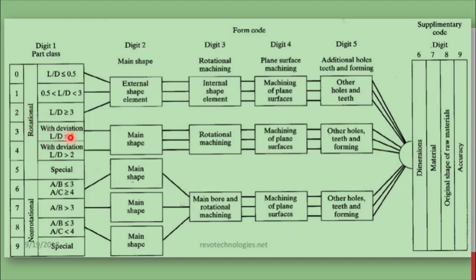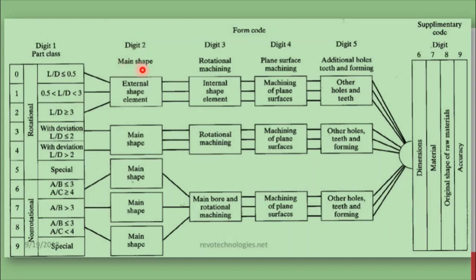But with deviation, if L by D is less than 2, I'll assign a 3 as the first digit, and so on. In the non-rotational case, A is the length, B is the width and C is the thickness. If the A by B ratio is less than 3 and A by C is greater than or equal to 4, then I'll assign a 6, and so on.